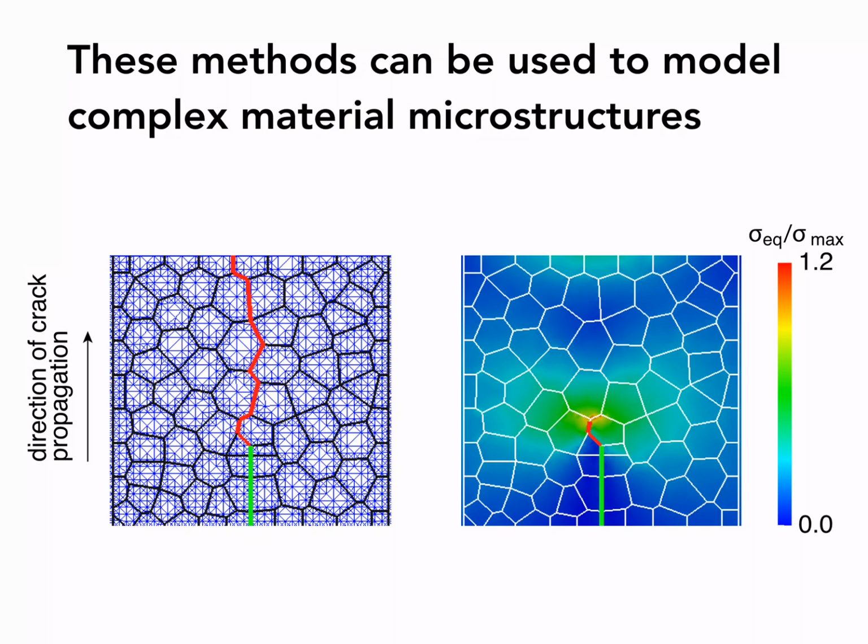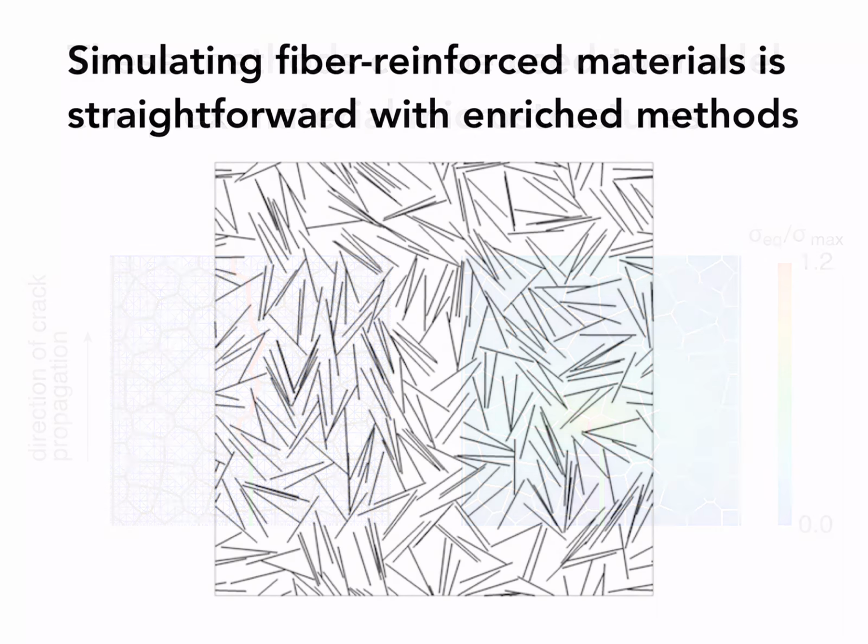So this mesh that you have here actually matches the grains, but you don't have to actually even do that. And in my group right now, we're doing that. We're trying to come up with microstructures where you don't mesh the grains nor the cracks, and everything is taken care of by the formulation itself. So it's very nice stuff.